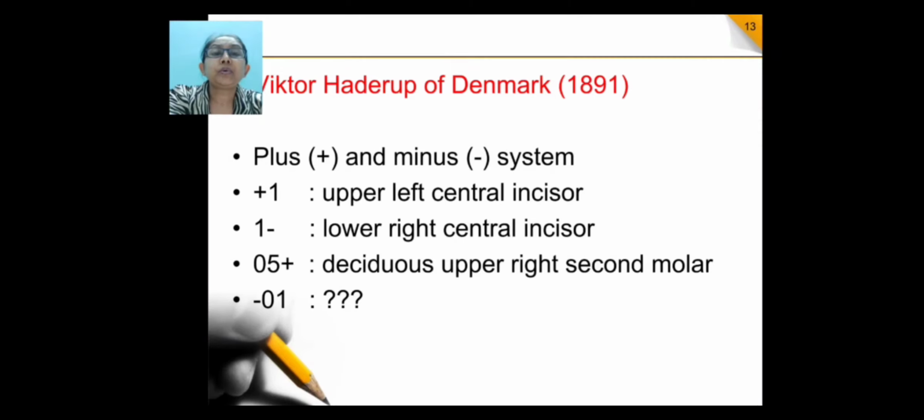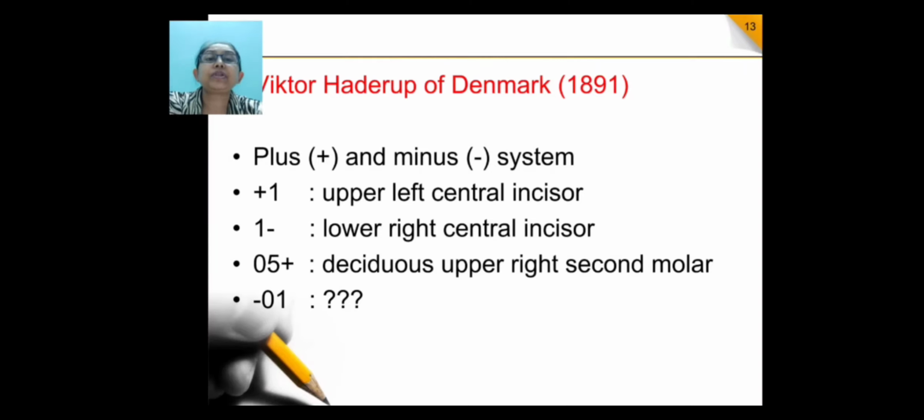Here we can see that the plus and minus signs are placed towards the midline. For example, +1 means upper left central incisor. If it is 1 with a minus, then it is lower right central incisor.